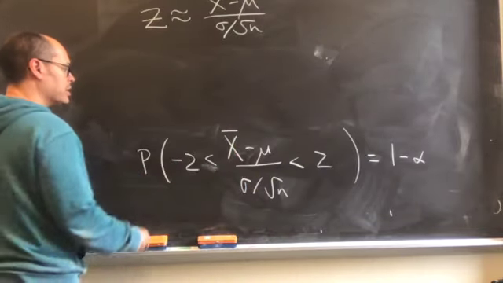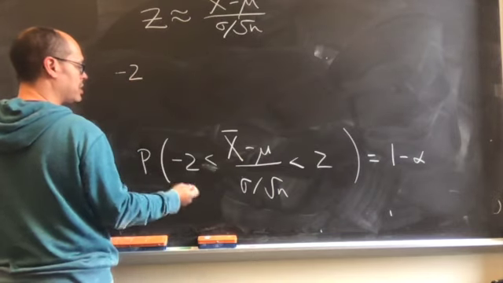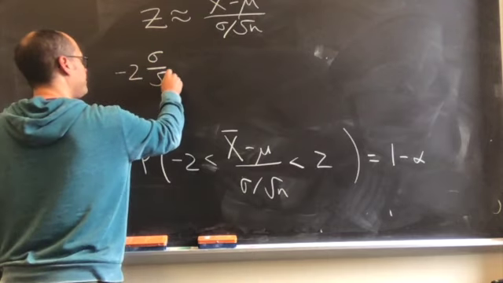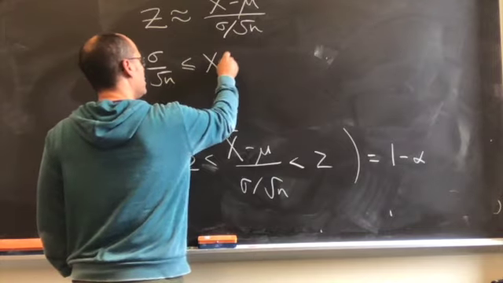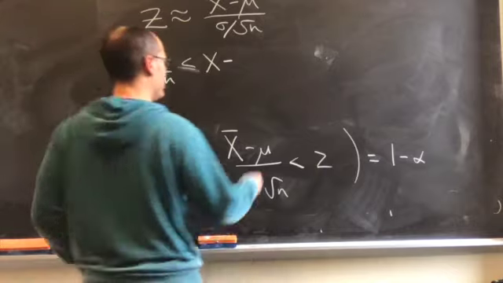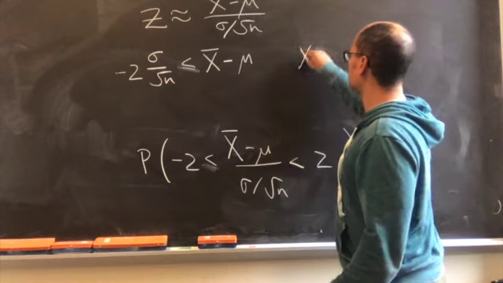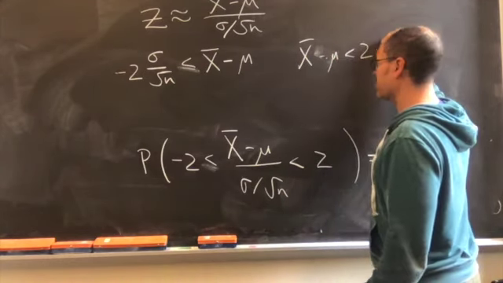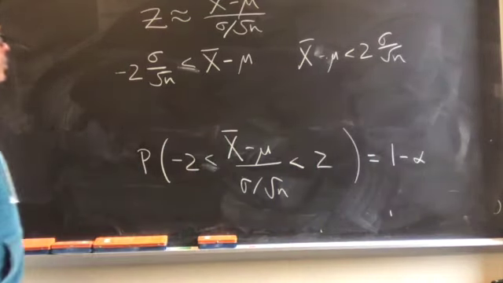Rewriting this on the inside, remember, sigma is known here, and of course n is known. With this particular probability, I know that I have this series of inequalities, that X bar minus mu is less than 2 sigma over root n.